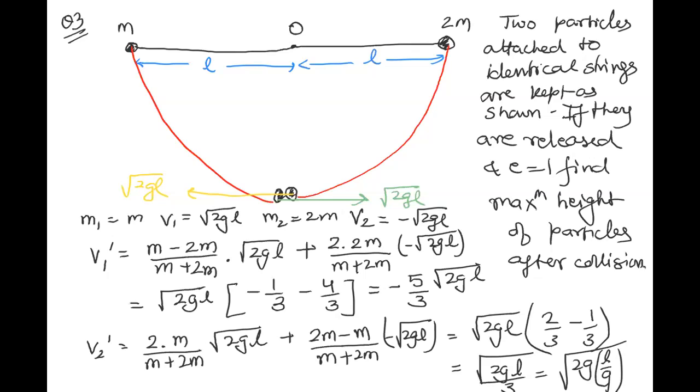I have found the velocities after the collision. Please tell me the answer of the maximum height reached. We have had this discussion. In fact, our discussion has been very, very deep. शौनक, एक आंसर सही है, एक आंसर गलत.